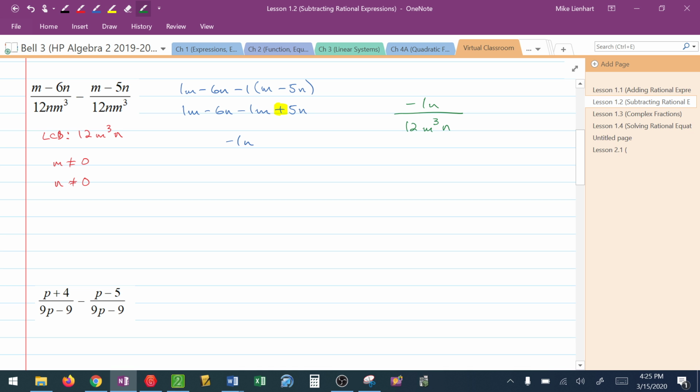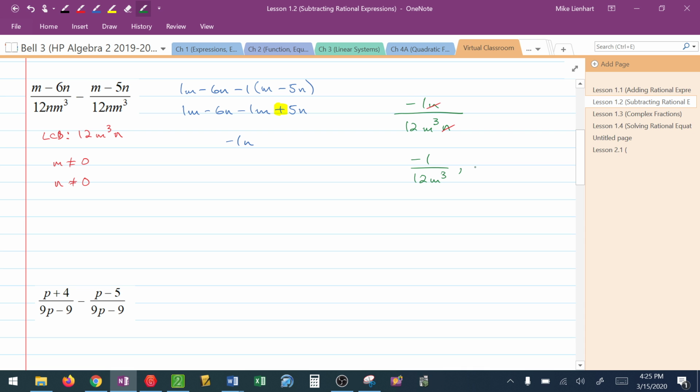All right, so I look at this and I say to myself, now wait a minute. I still can simplify because I have a monomial divided by a monomial. I notice that the n's are going to cancel out here. So my final answer would be negative 1 over 12m cubed.